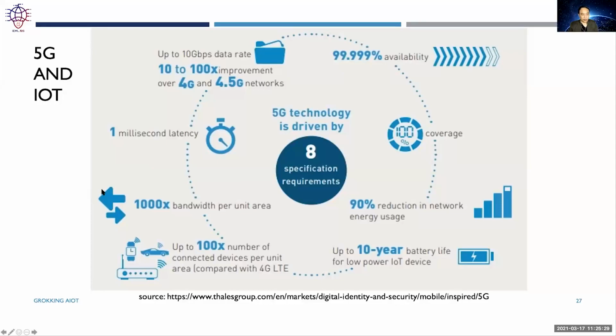It has a number of tremendous effects for IoT and AIoT especially, because first of all, the bandwidth is much larger and much faster, up to 10 times or even 100 times improvement over 4G networks. That's in terms of the speed of the connection. For AIoT, as mentioned in the first module, it tends to transmit and receive more data than basic IoT devices, so that improvement in transmission speed definitely helps.